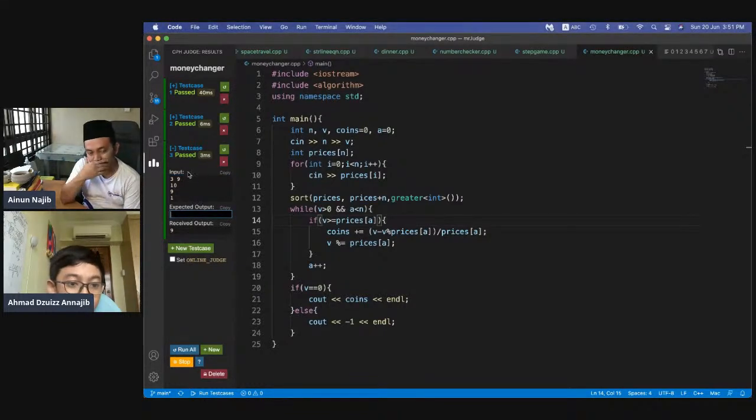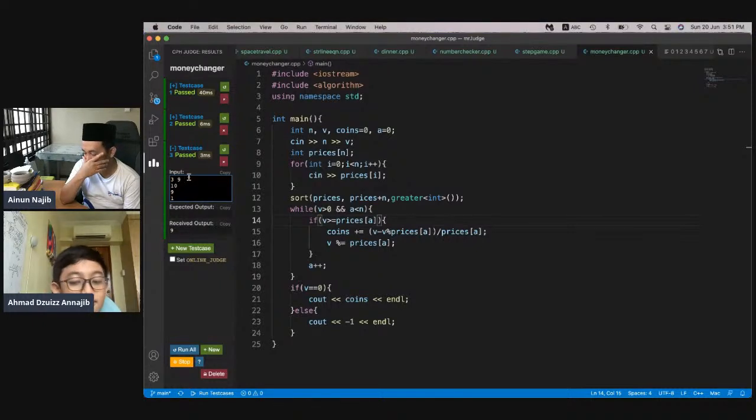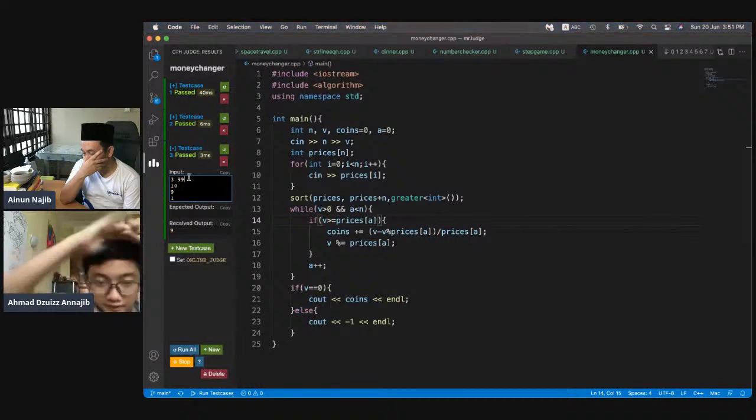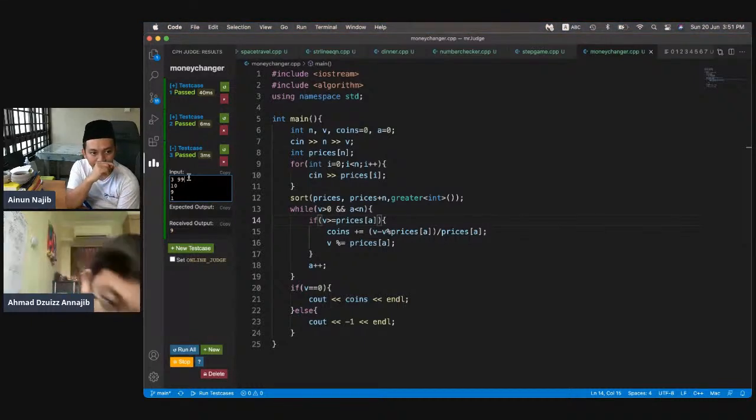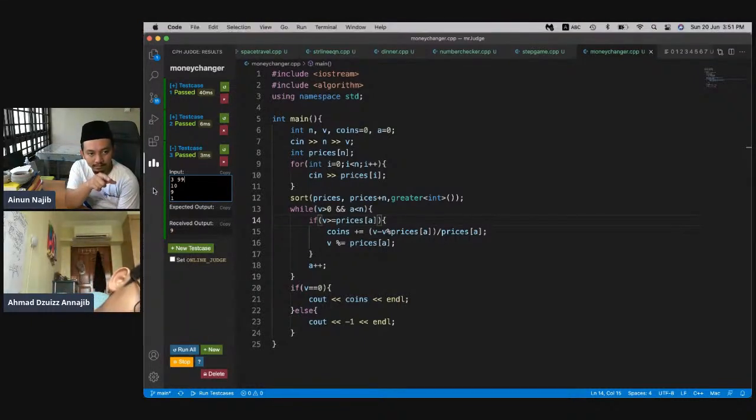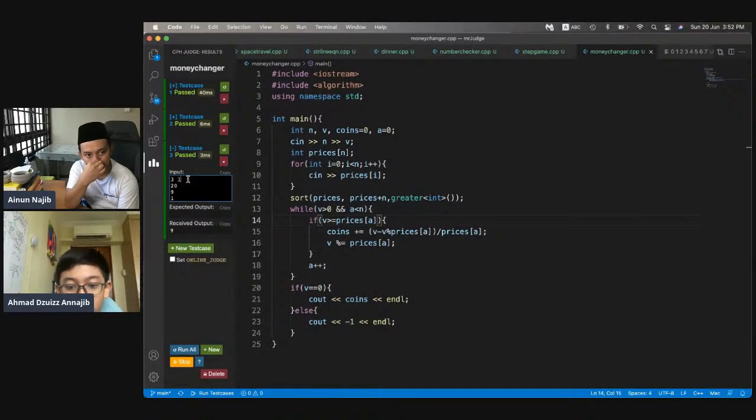Wait. Let me think. 90. Okay, change 10 to 20. 10 change to 20, 99 change to 189.